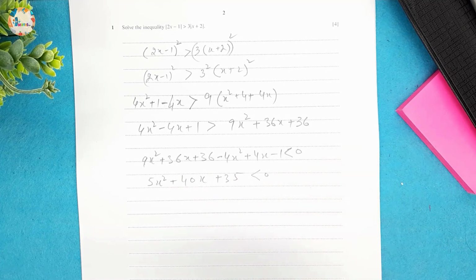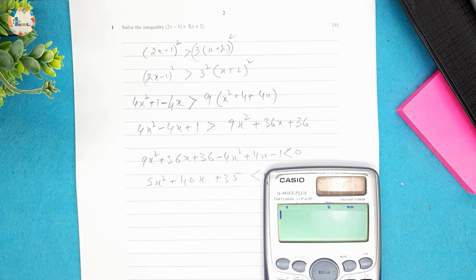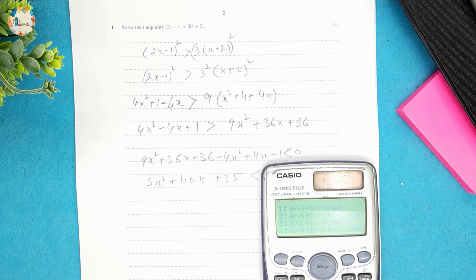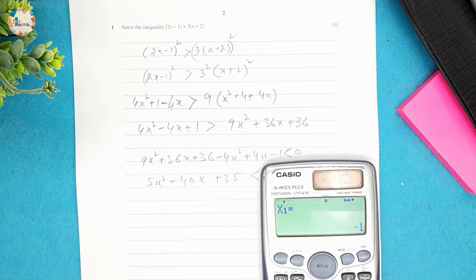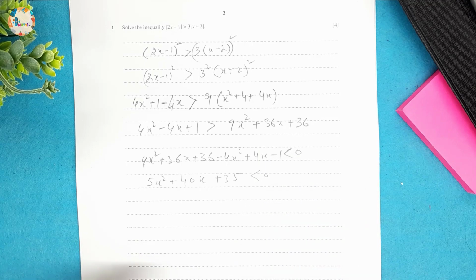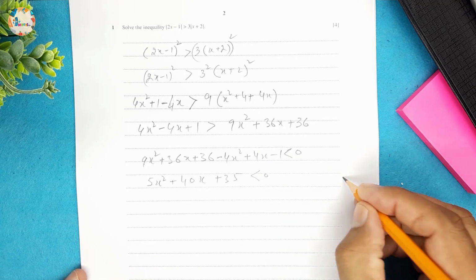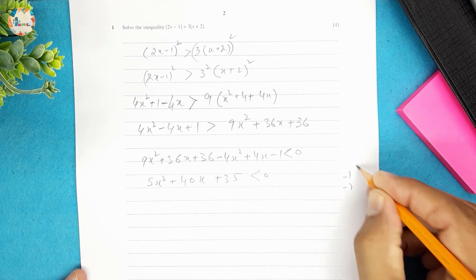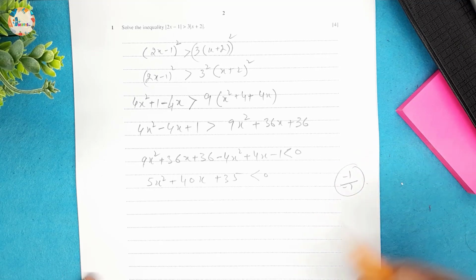And now we can solve this quadratic equation. The coefficient of x squared is 5, the coefficient of x is 40, and 35 is the constant value, and the roots are minus 1 and minus 7. So minus 1 and minus 7, these are the two values which we found.